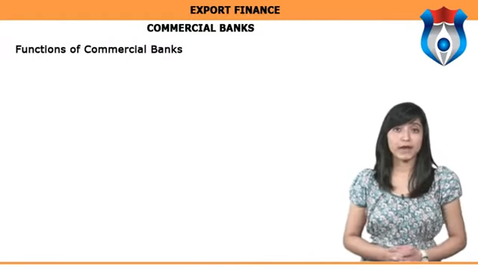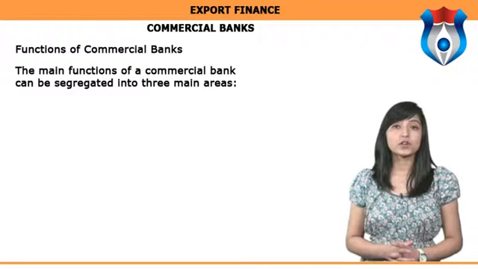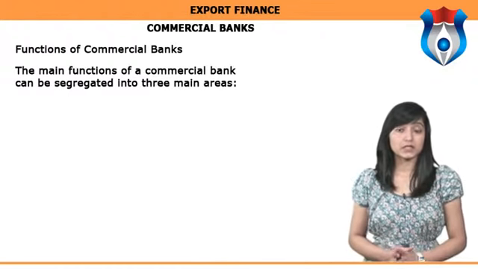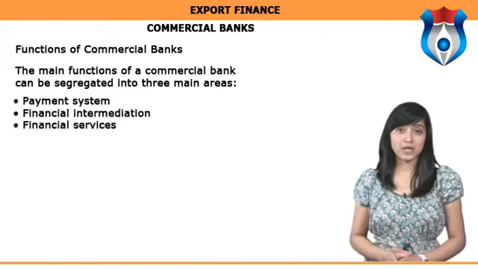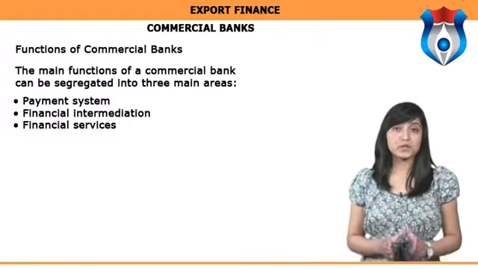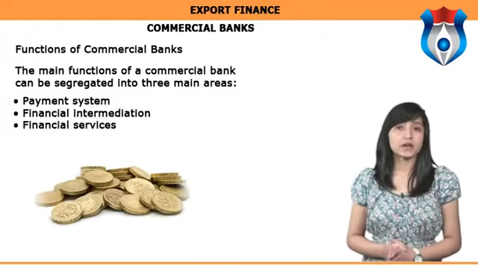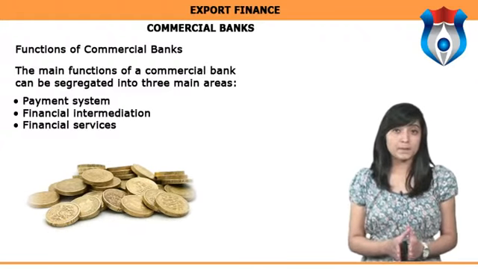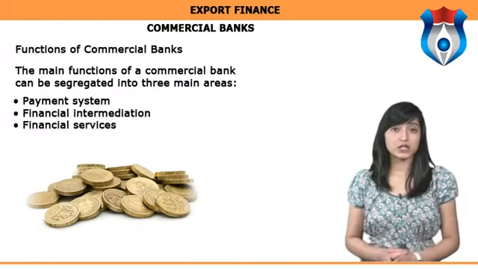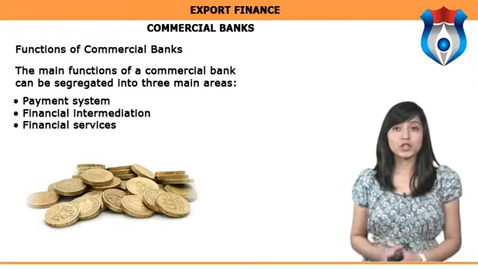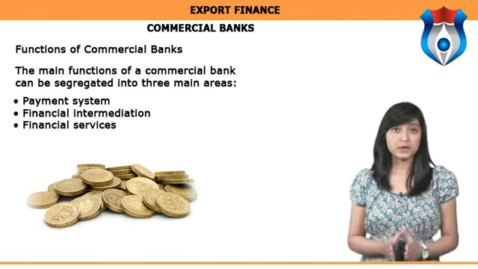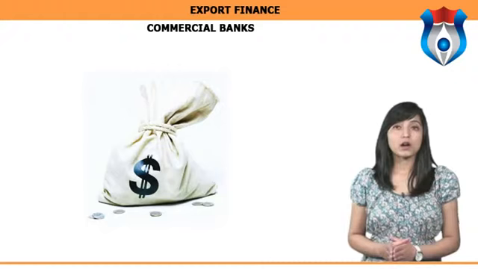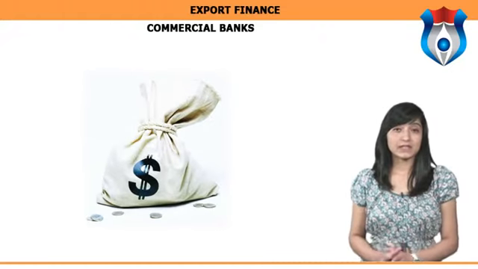Functions of commercial banks. The main functions of a commercial bank can be segregated into three main areas: payment systems, financial intermediation, and financial services. Payment system. Banks are at the core of payment systems in an economy.